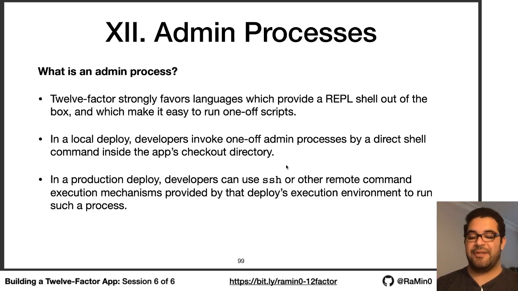So usually what happens is that an extra directory is added to your app that has the one-off script that you want to run. You go through the deployment process so that this version of that script gets deployed alongside your app in the final, for example, production environment, and then you just use SSH or the remote shell to execute the script without having to write your code yourself.